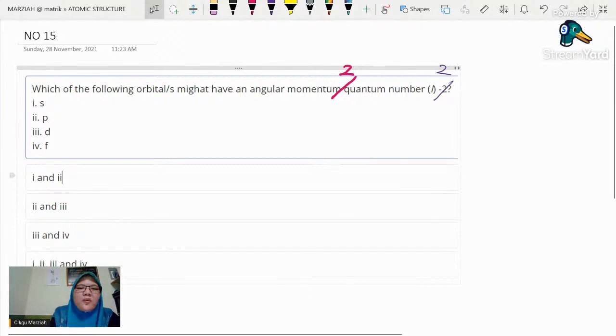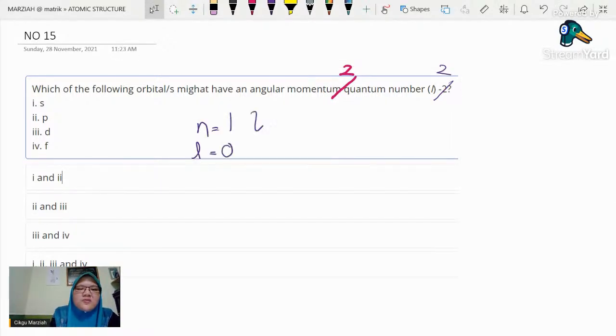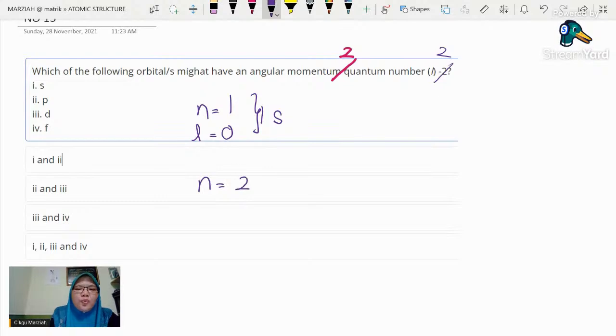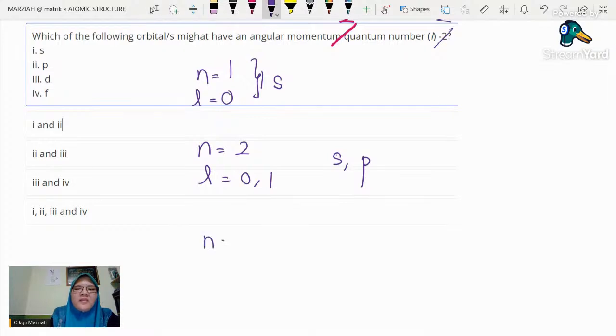So we know that when n equals 1, L is equal to 0. So this is orbital S, 1s. And then when n equals 2, the possible values of L are 0 and 1, which means it is possible to have orbital S and also orbital P. When n equals 3, L is equal to 0, 1 and 2.